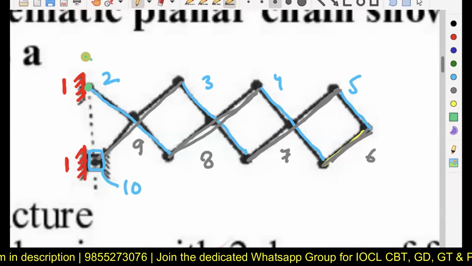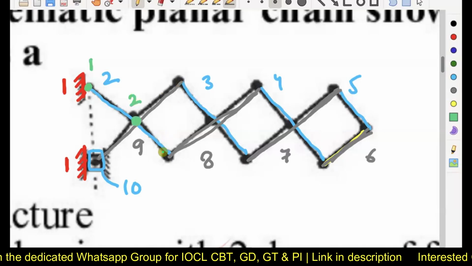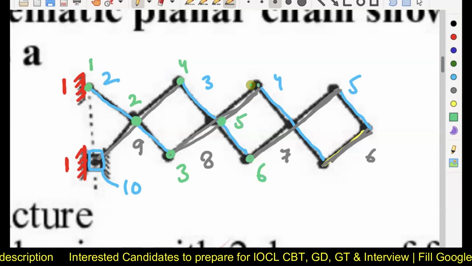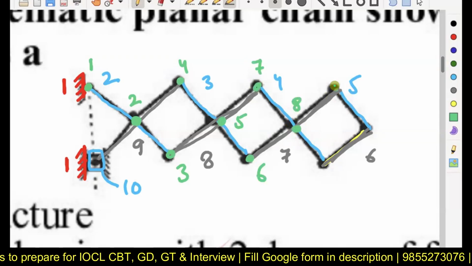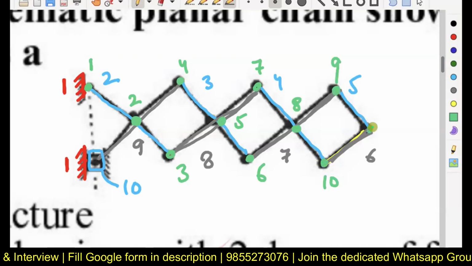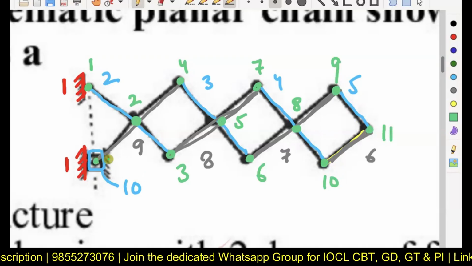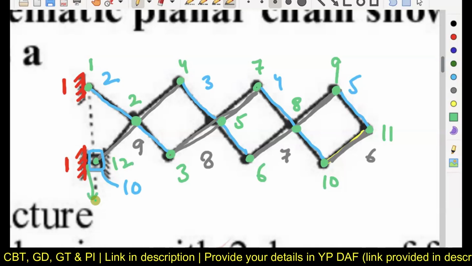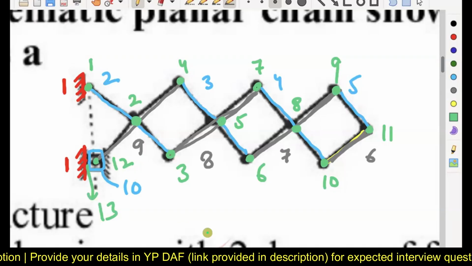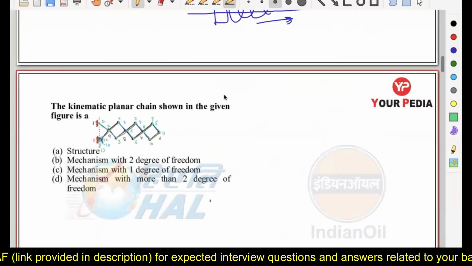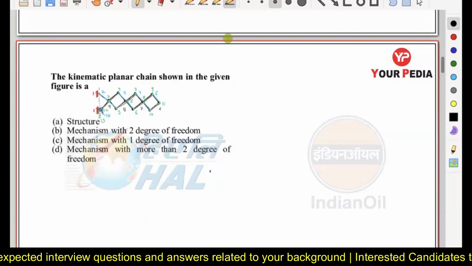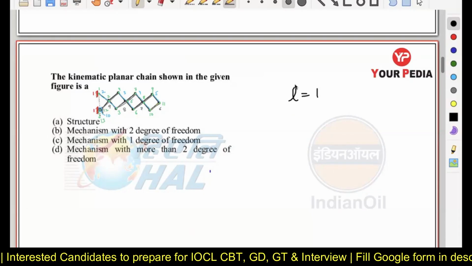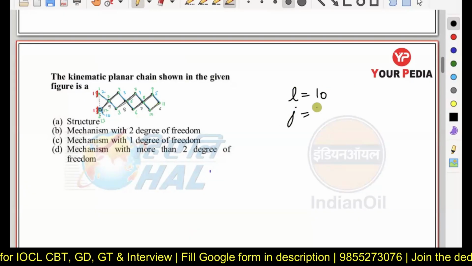First we have the first joint, then second joint, third, fourth, fifth, sixth, seventh, 8, 9, 10, 11, and here we have 12, and between link 1 and link 10 we have a sliding joint, which is considered the 13th joint. So in this case, the total number of links is 10 and the number of joints is 13.